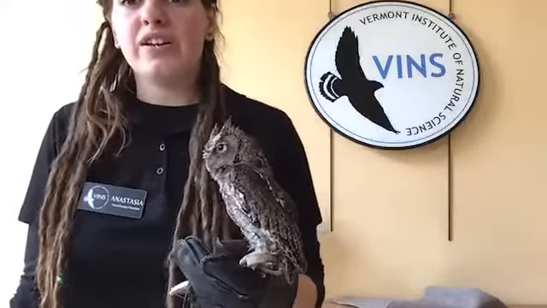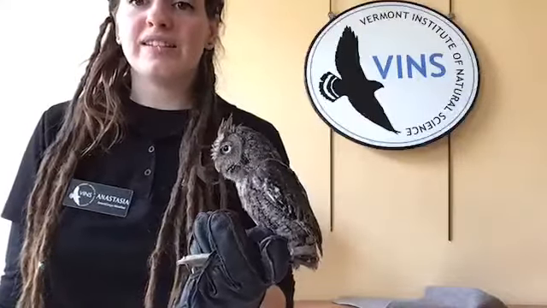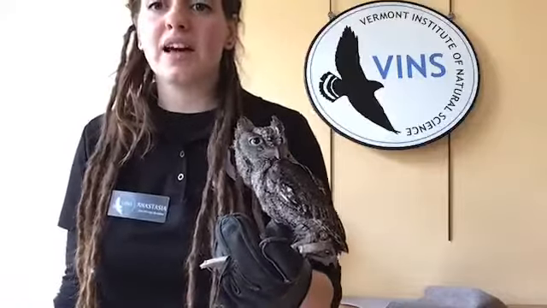Now, this little screech owl here, he also is considered an insectivore. He eats lots and lots of insects. But I mentioned he kind of prefers more of a woodland habitat. And even though he is an owl, he prefers to hunt during dusk or at the very beginning of dawn.